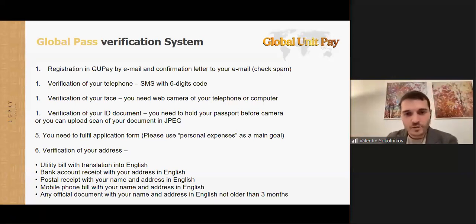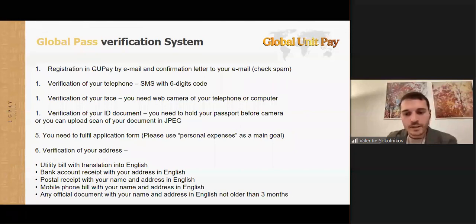This way you give your consent to process your personal data. And Global Pass has public contracts with different organizations and companies. For instance, before there was the KGB, some intelligence services of the Russian Federation or any other country. So the system may check people and investigate if they have some bad records.